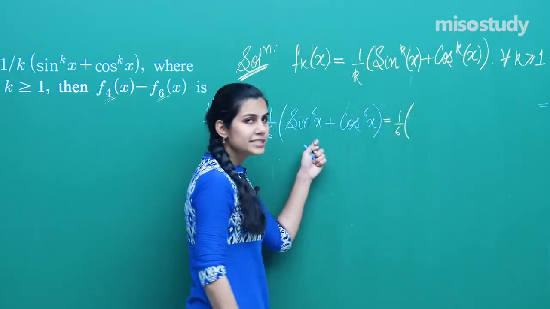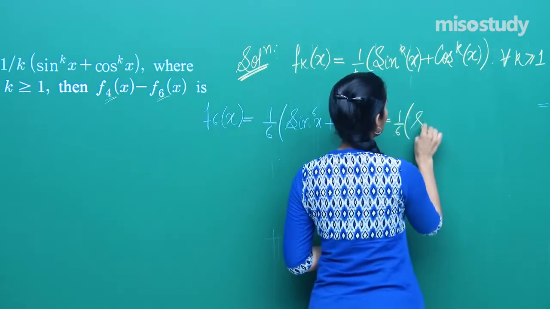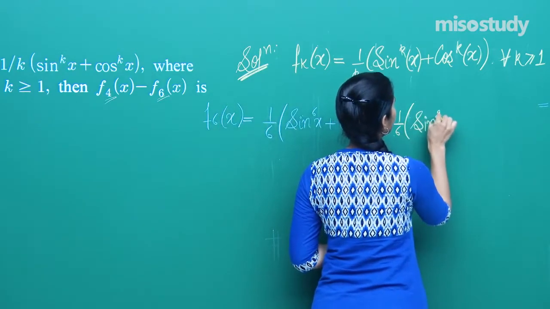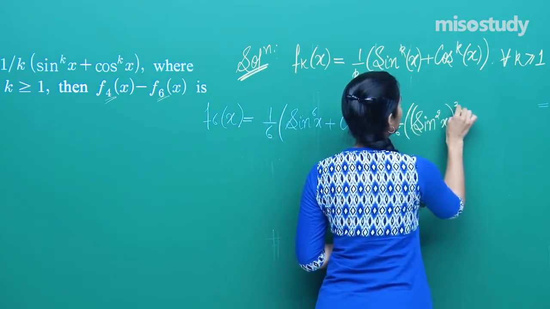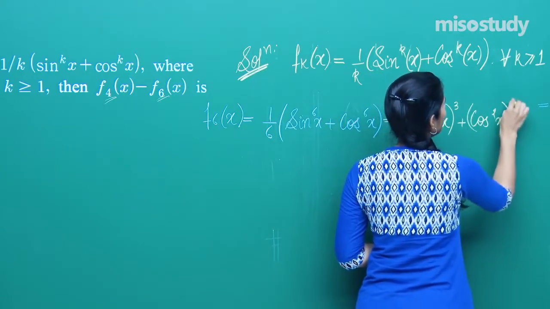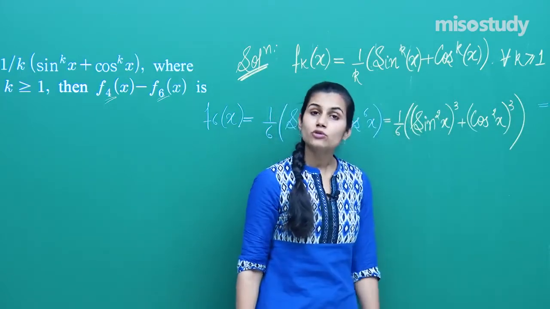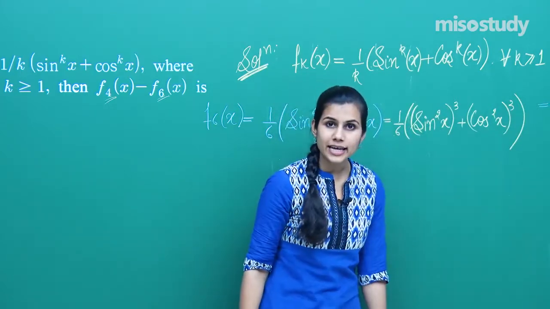I can write (sine square x) whole cube plus (cos square x) whole cube, because this will be nothing but sine to the power 6 x plus cos to the power 6 x.